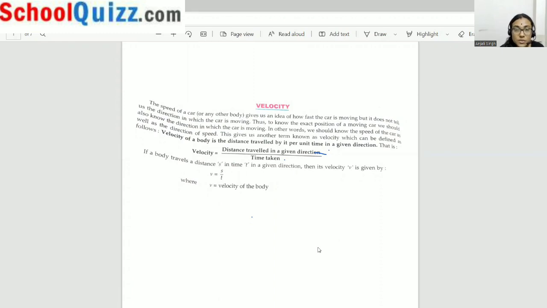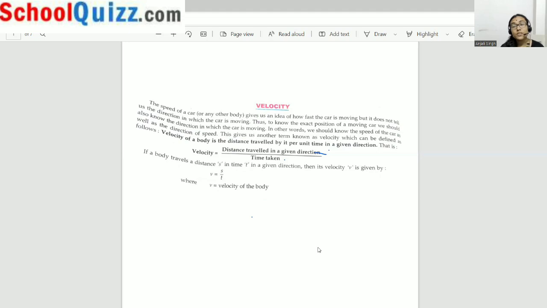Clear, everyone? So either you write distance traveled in a given direction, or you can write displacement upon time taken. So here velocity is the displacement upon time.